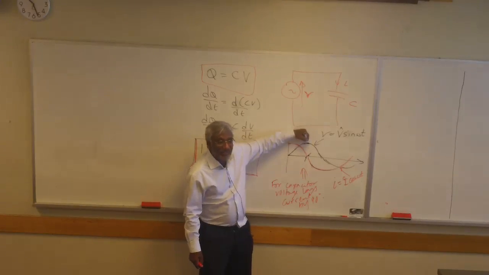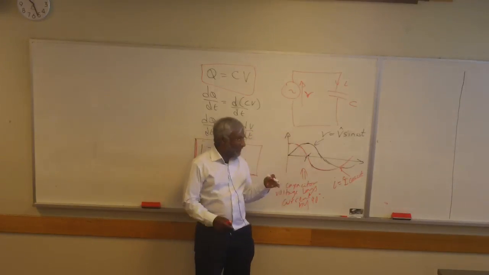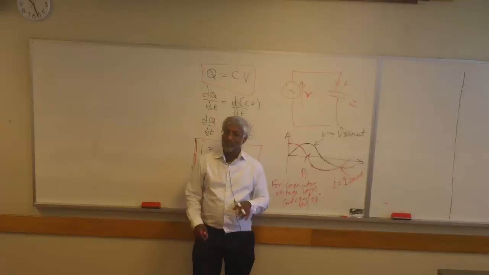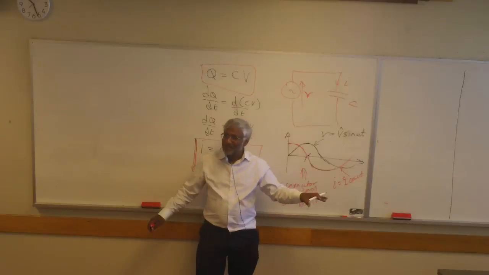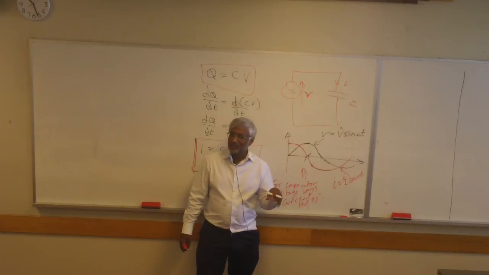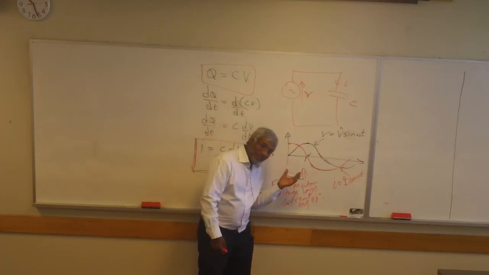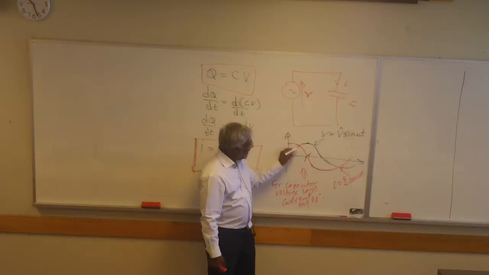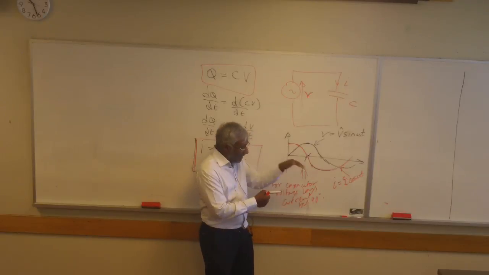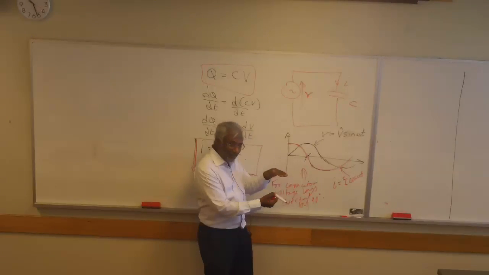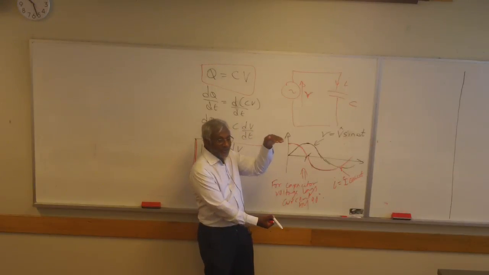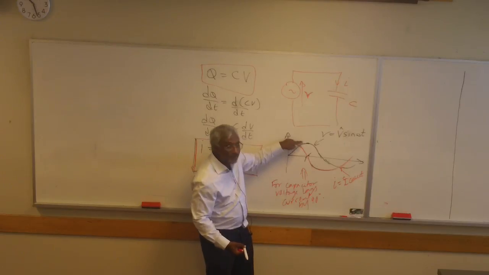It's constant, right? So this graph is telling you a lot of stories and you're missing them all. And this is what's not good. This graph, you should listen to it. It's telling you, here, current is positive. I'm putting current into the capacitor. So the voltage must be going up. So you can see the voltage going up.